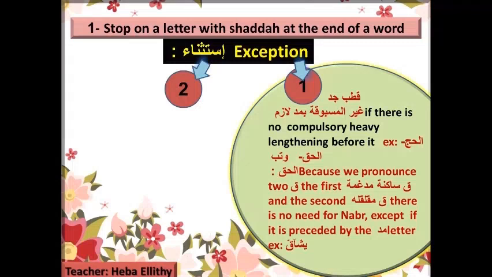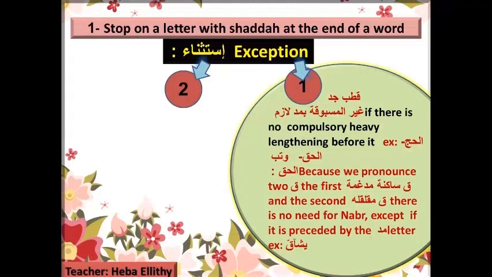I don't need to make nabr to show it. The word الحق, as an example, because we pronounce two qaf. The first one is ساكنة, merging into the next qaf, and the second qaf is مقلقلة, with قلقلة.